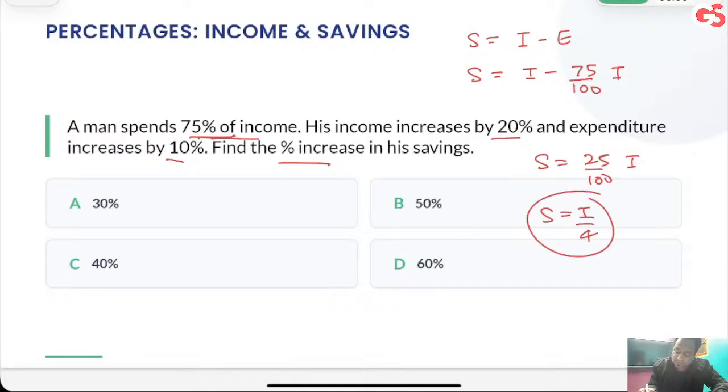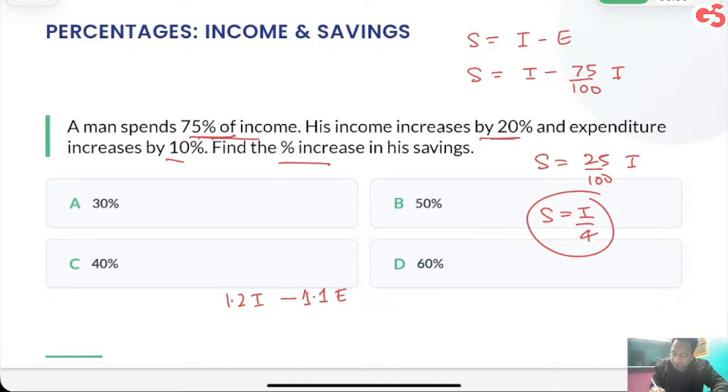Now what happened? Income increased by 20%. So new income is 1.2 I. New expenditure is 1.1 times E. All right. Great. Now what happens? So find the percentage increase in his savings. Now, as we know, that expenditure was basically 75%.